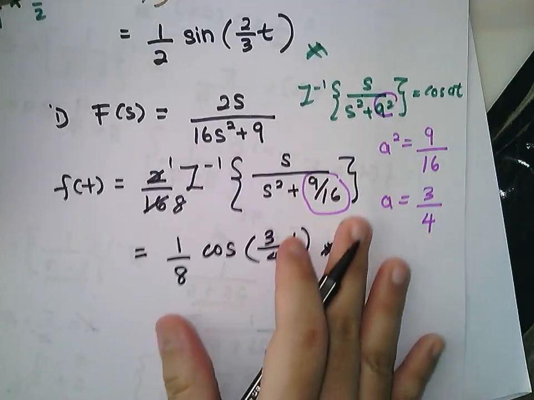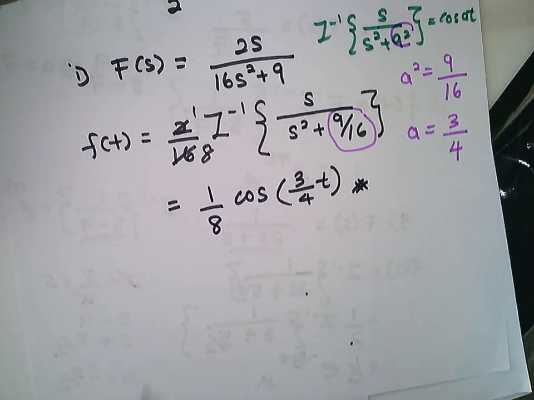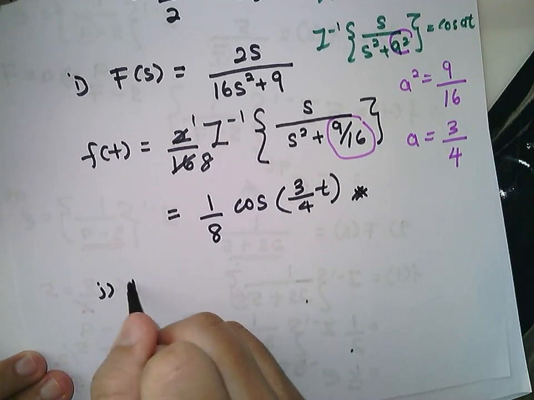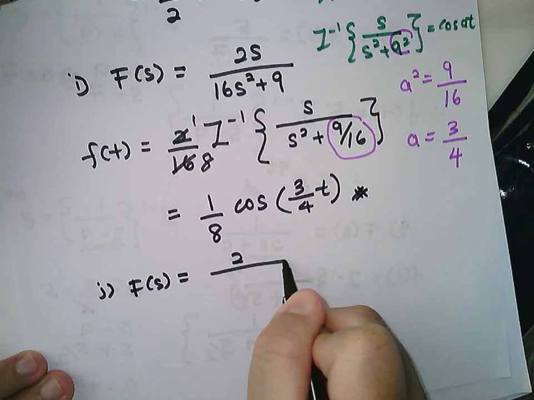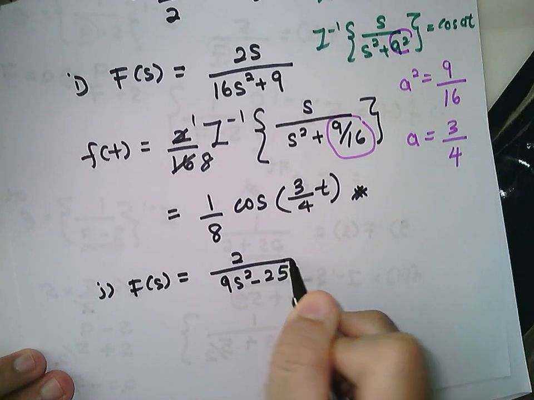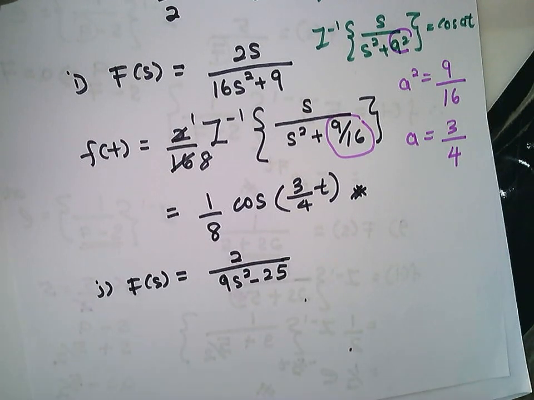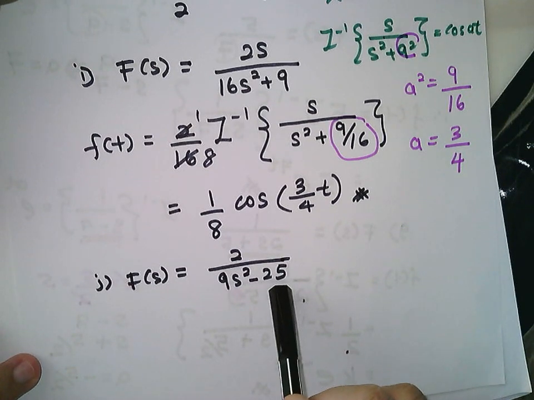Okay, last one. If your F(s) is equal to 2 over 9s squared minus 25, by looking at this one, you know that this will be a sine hyperbolic function. Why sine function?